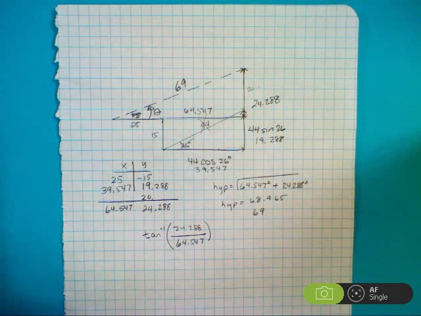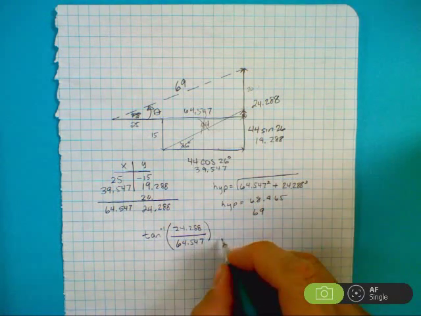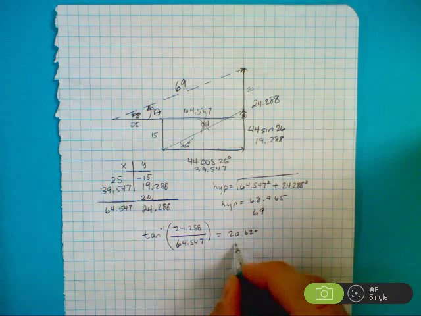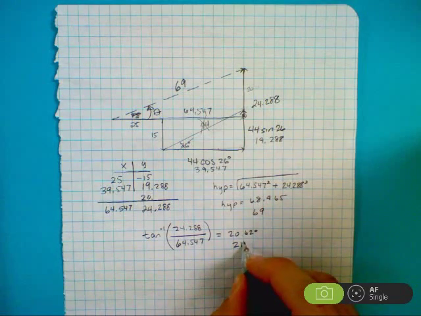And if I punch that into my calculator, I get an angle of 20.62 degrees, or to 2 sig figs I'll just call that a 21-degree angle.